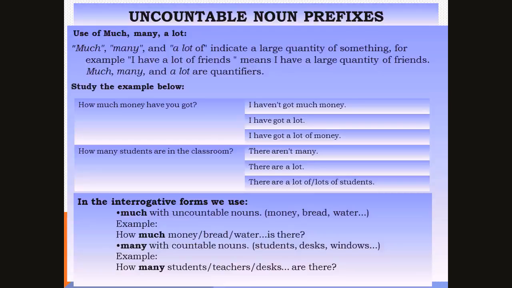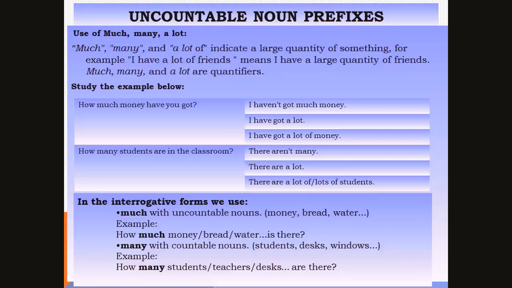Mostly the countable nouns, when they become uncountable, means you can count them easily, but practically it's very hard to count. That time we should use many. Like if there are maybe hundreds of buffaloes going, and you can count them, but it will take time, and it's not a requirement. You can easily explain as many buffaloes are going.